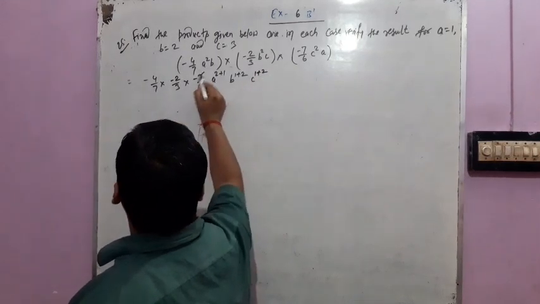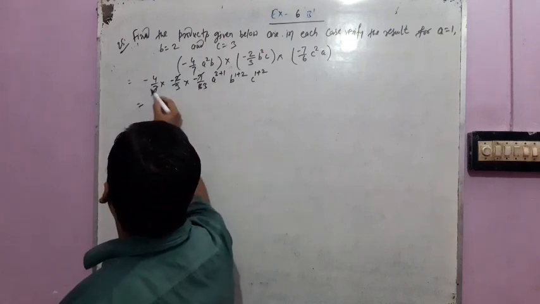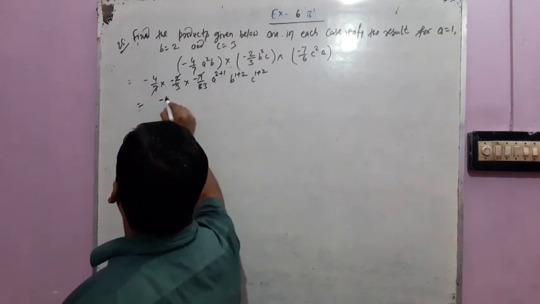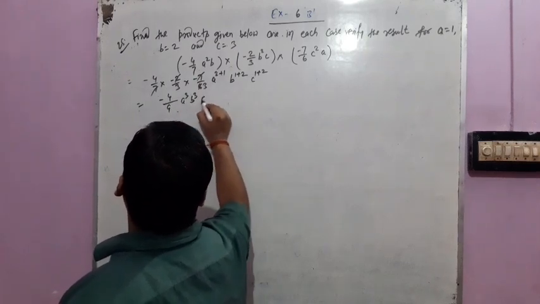Now we have to solve the terms here. 7 and 7 cancel. With 2 3s, minus minus plus, plus minus minus, we get minus 4 by 9 A cube B cube C cube.